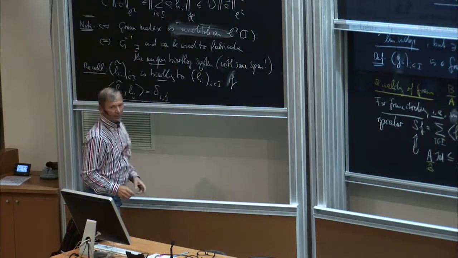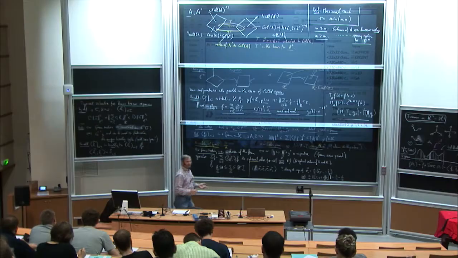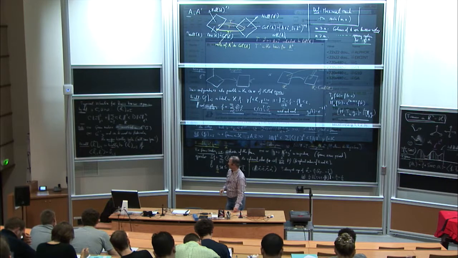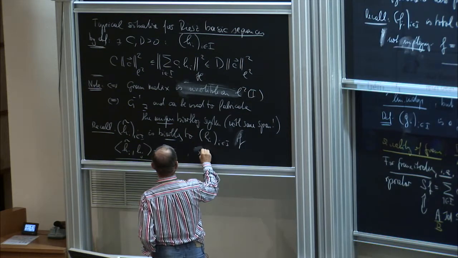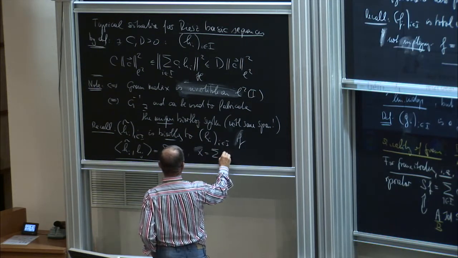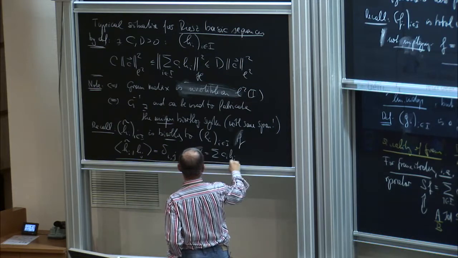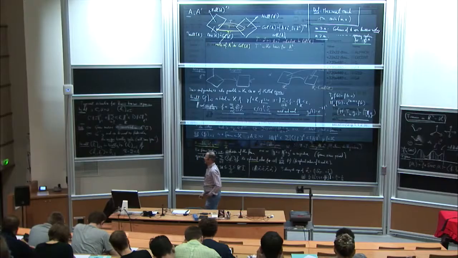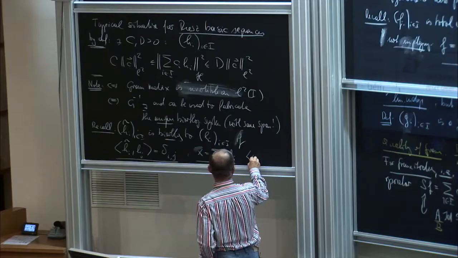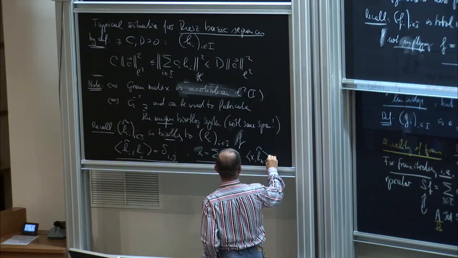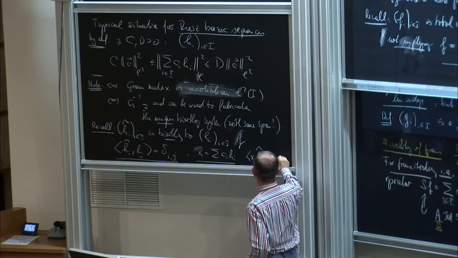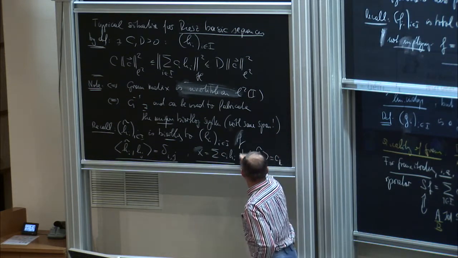So you're pairing it, and you're finding out, yes, they are satisfying this. If you're giving me a vector x, which is a linear combination of these, how can I pick out the coefficient with number i? I just take the scalar product of x with h tilde number k, and I use the biorthogonality, and I'm getting exactly the coefficient which belongs to this number.